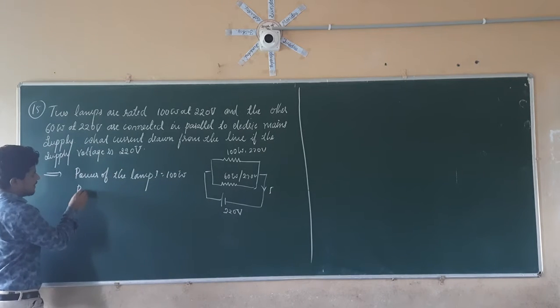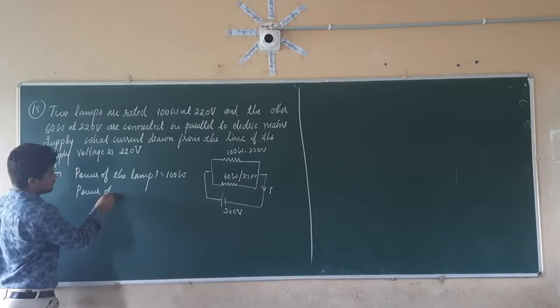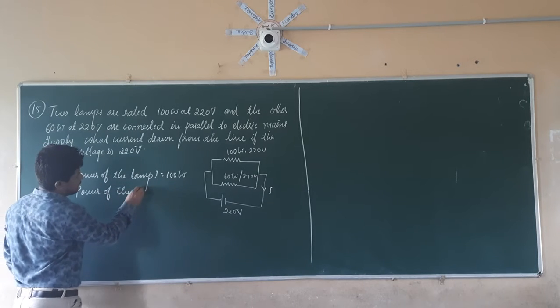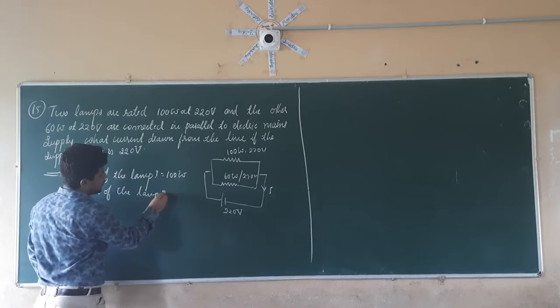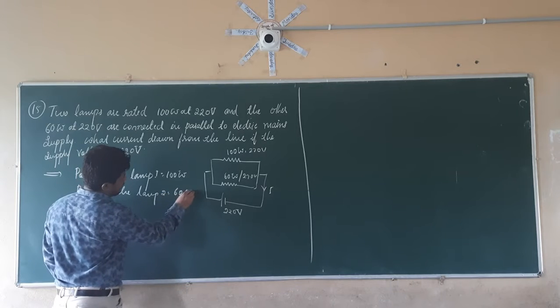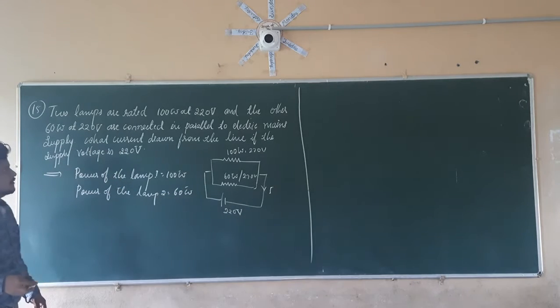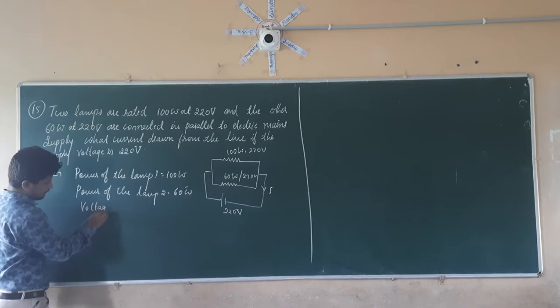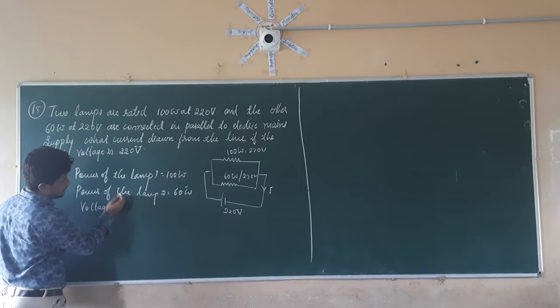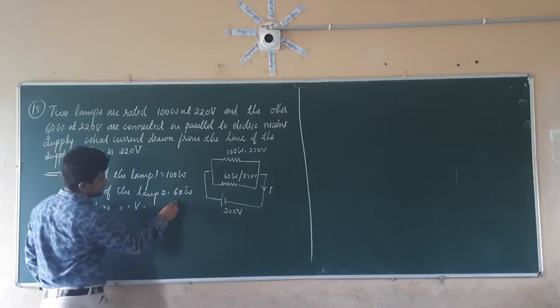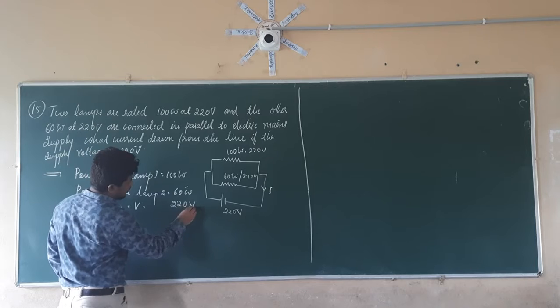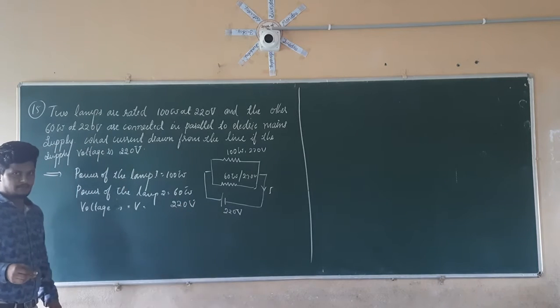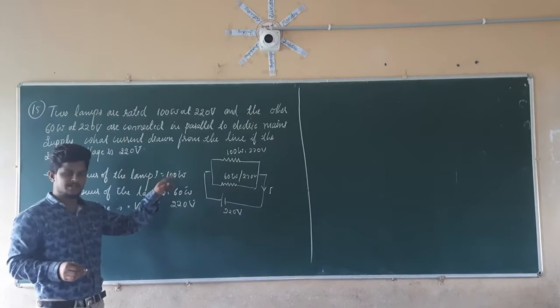The power of lamp 2 is equal to 60 watt. The electric mains supply is given as 220 volts, so the voltage V is equal to 220 volts. What we have to calculate here is the resistance of each lamp.